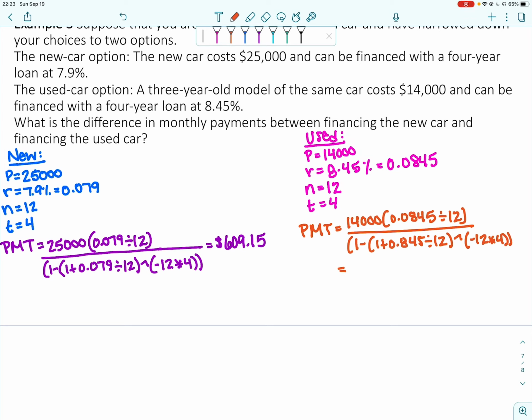And this monthly payment works out to be $344.75.